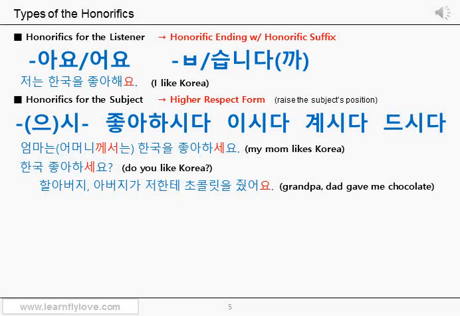Okay? Higher respect form is not the official name, but we named it higher respect form because it is used to show more respect to the subject by raising the subject's position. The higher respect form is not just for very old people or socially higher people. Of course, you use it for older people or people who take a socially higher position than you, but you can actually use it for anyone to sound more polite.